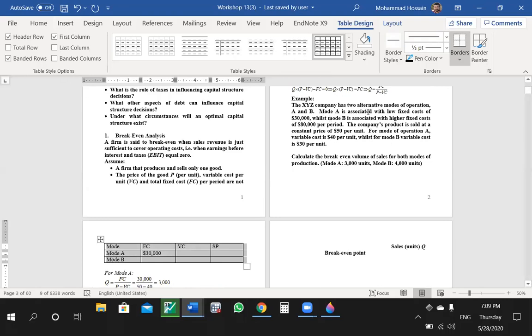And what else do we have? Mode B is 80,000. And the variable cost is how much? The selling price is $50 for both of them.